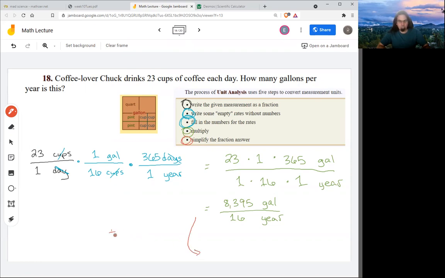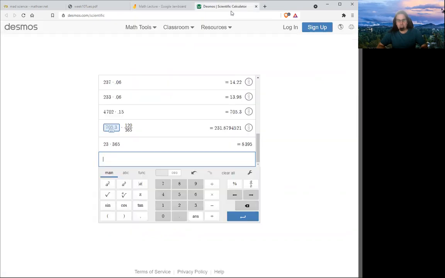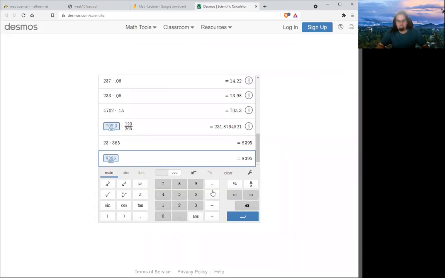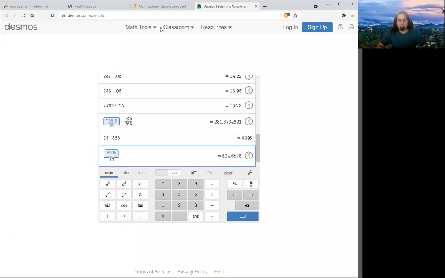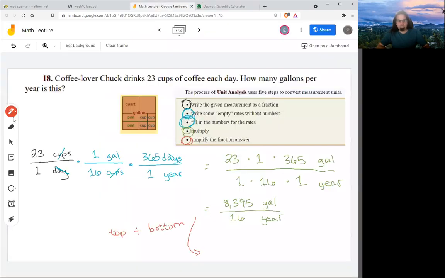Then we simplify. How do we turn any fraction into a decimal? Just like we did earlier, top divided by bottom. And I get about 525. And this time it kind of high rolled the random number, so poor Chuck has to go to the hospital.